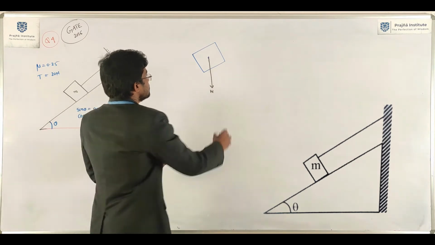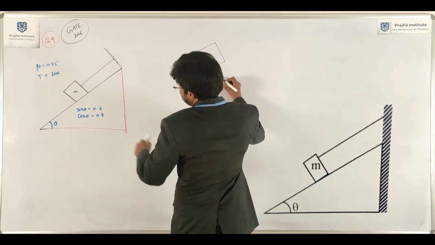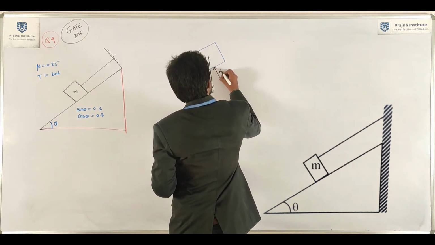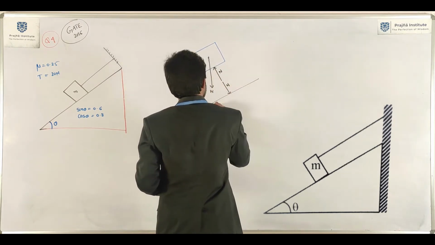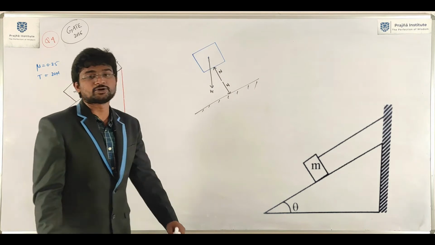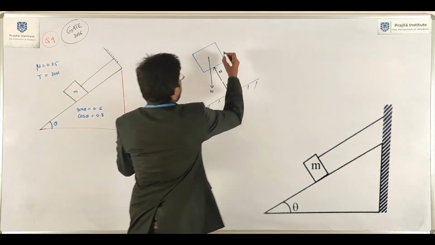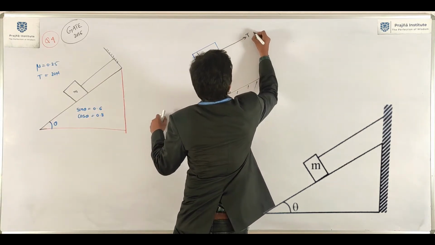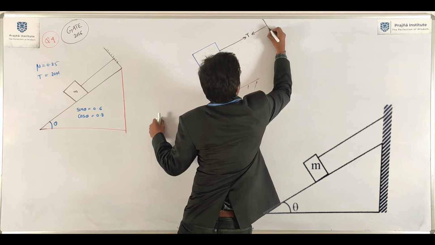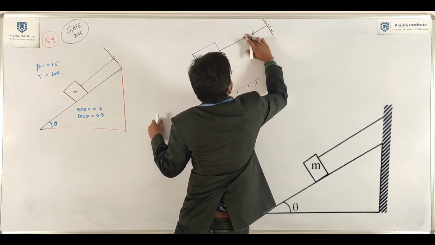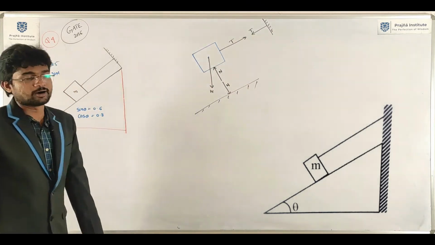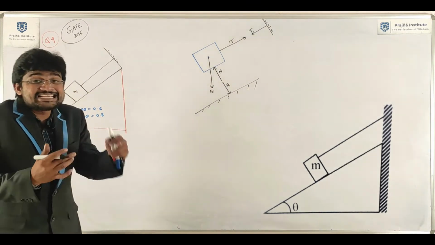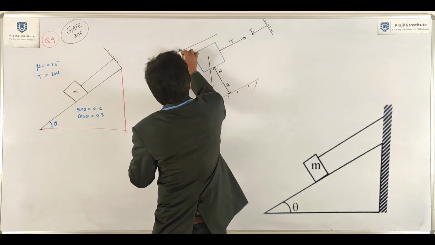Next, normal reaction. At every contact surface, two normal reactions will be acting, both equal in magnitude, unlike in nature. Tension always pulls the block, and this tension pulls toward the wall. So the block tries to move in this particular direction.